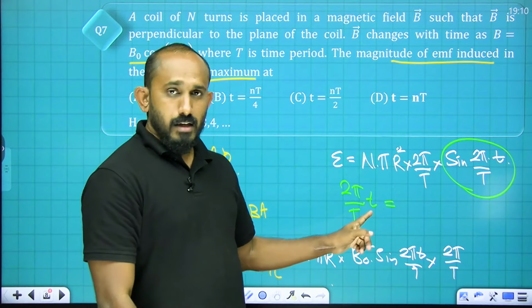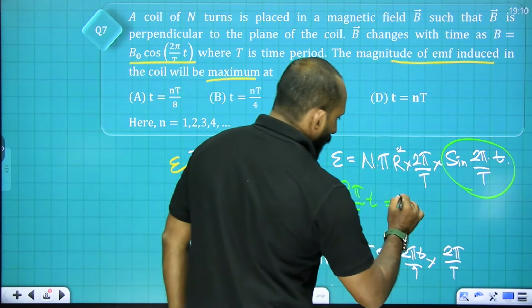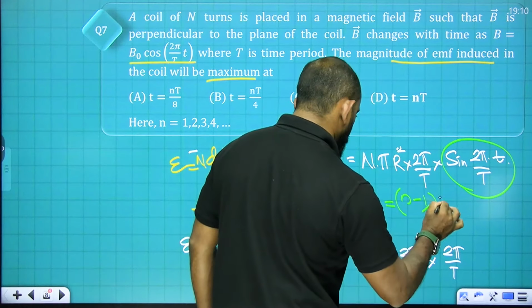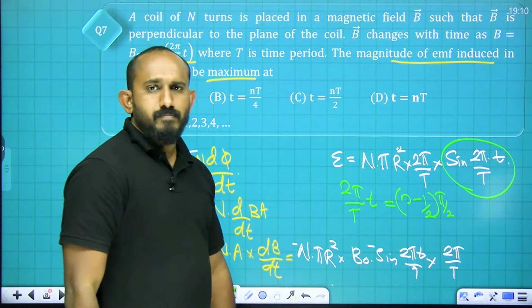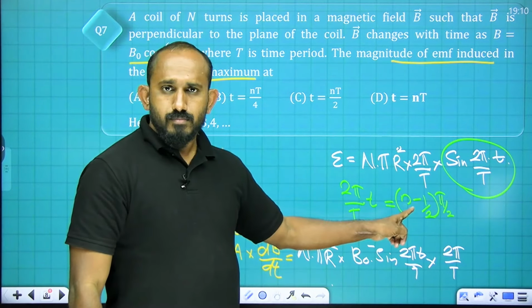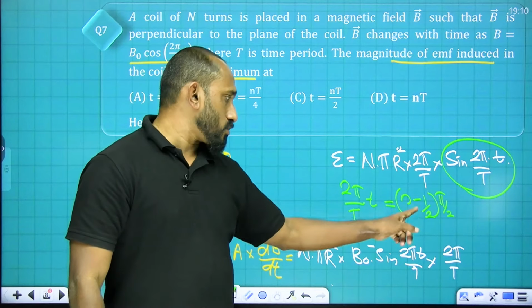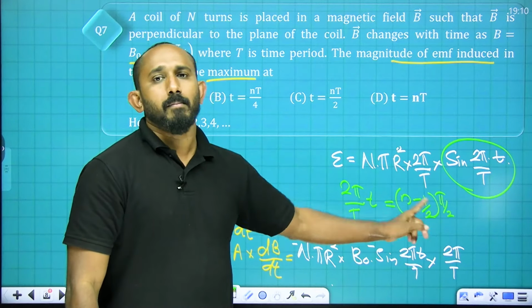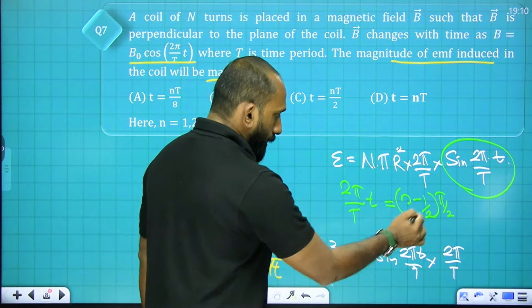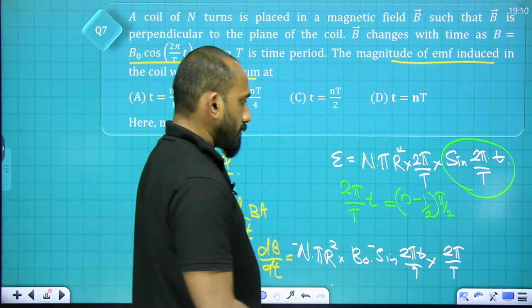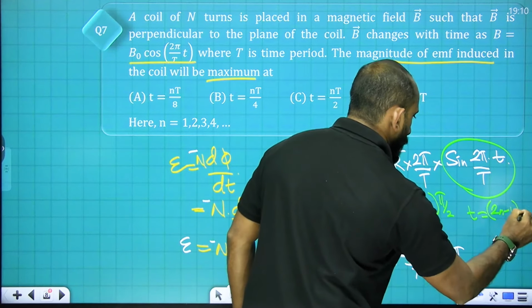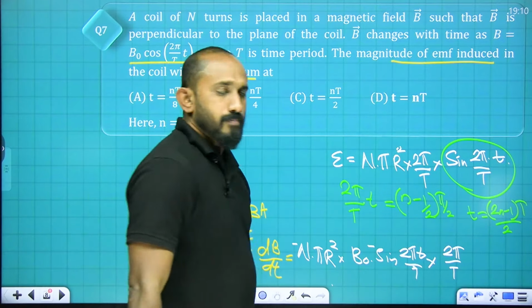So if plus 1 comes, then you can have (n minus half) into pi. If you substitute the values for n, then you can get it. So it will be (2n minus 1) by 2 into pi by 2. That will be the value of this one. If you rearrange it, this pi cancels, then small t will be (2n minus 1) into capital T by 2.